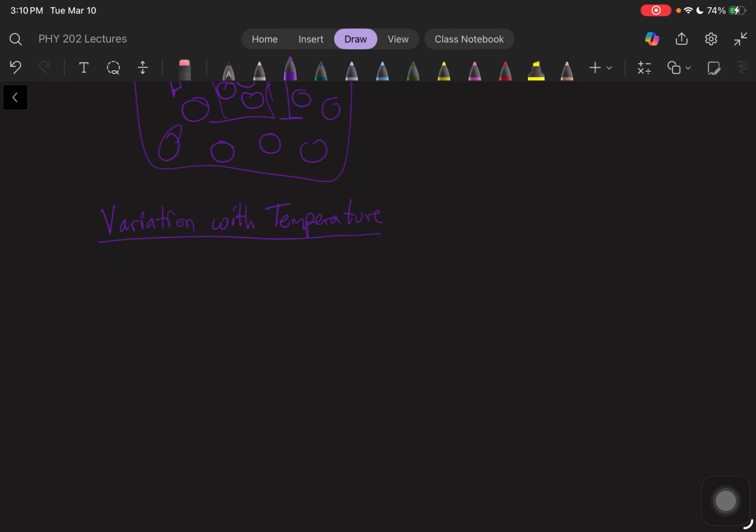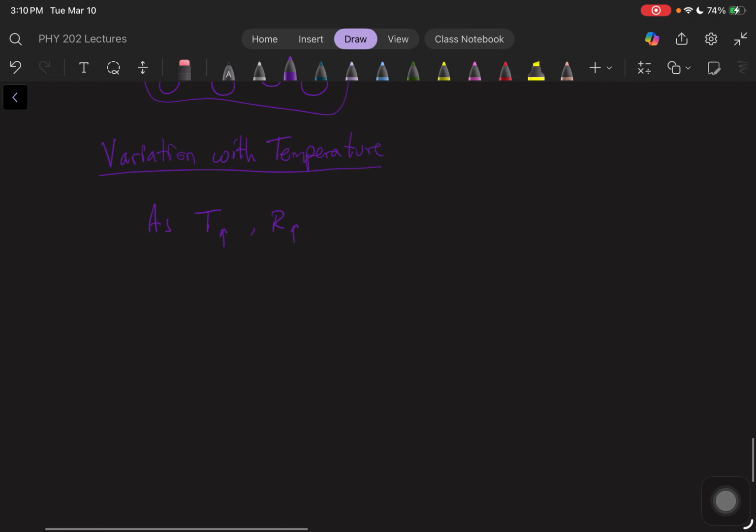Okay. And so for many materials, as temperature increases, resistance increases. Right? And this is, I want to say, kind of counterintuitive to a lot of students.